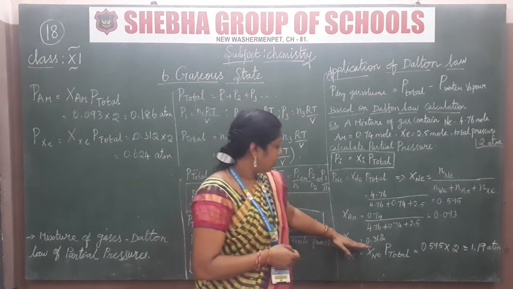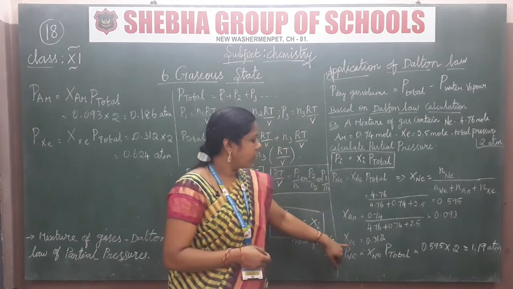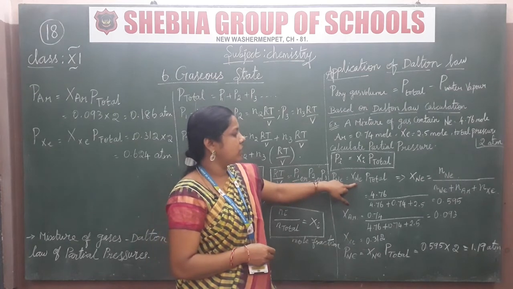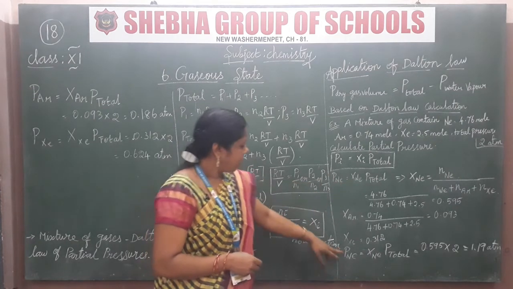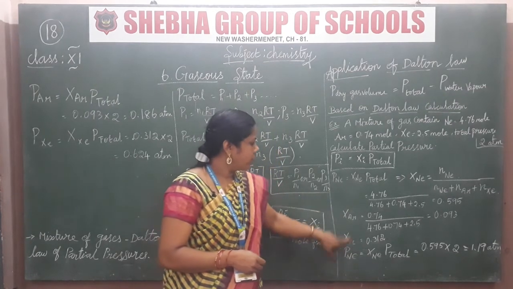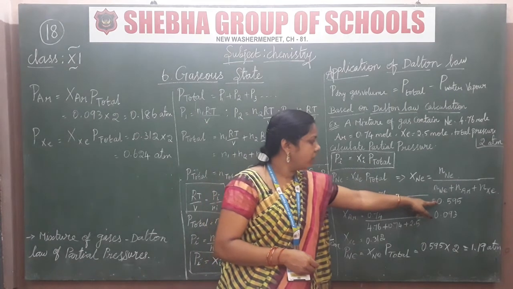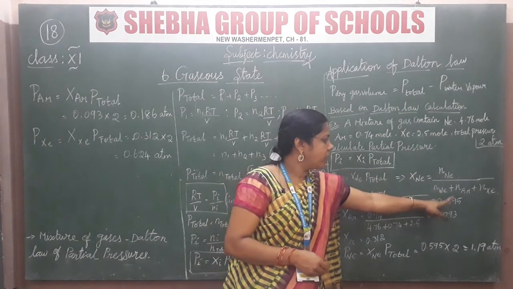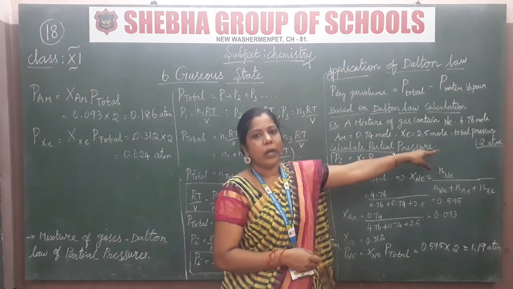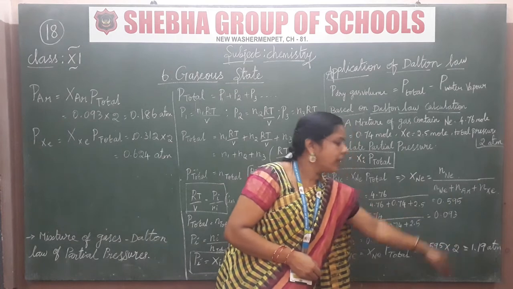Now we have the X neon, X argon and X xenon values. Now we have to substitute them in this formula. I am going to start with neon: P neon is X neon times P total. The X neon value we already have is 0.595, and P total, the total pressure, is 2 atm. So we get 1.19 atm.